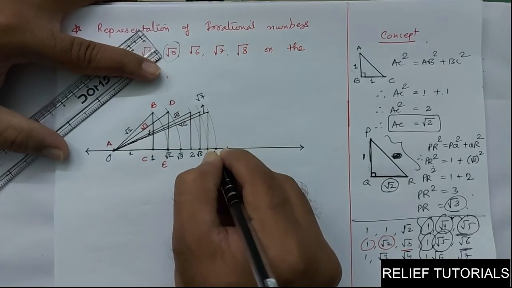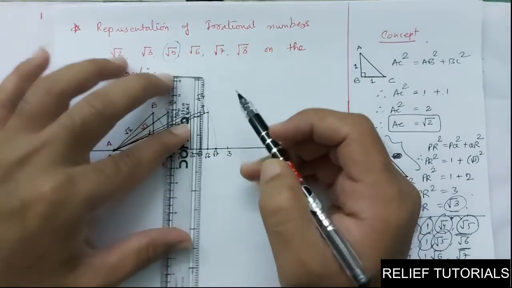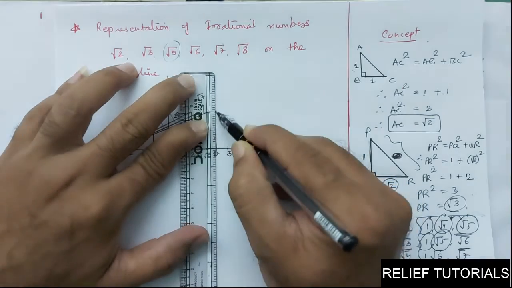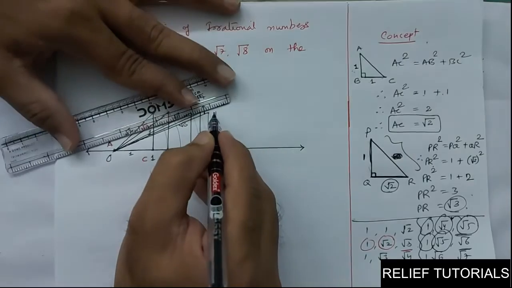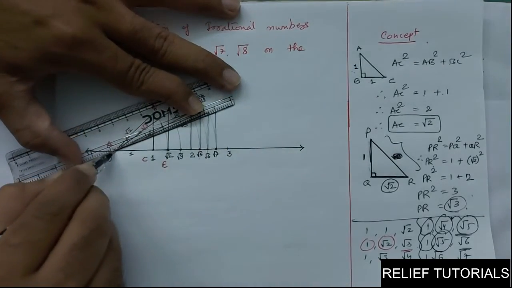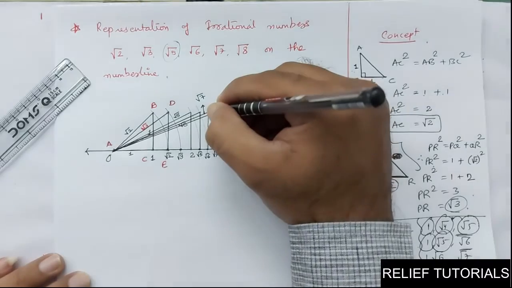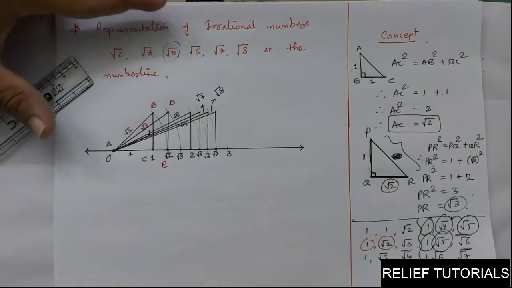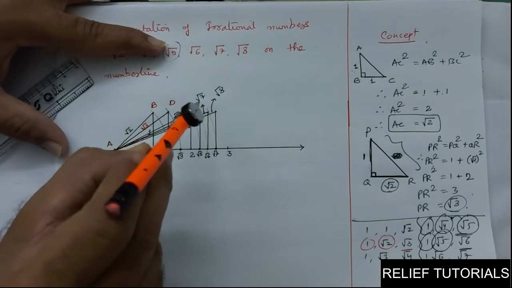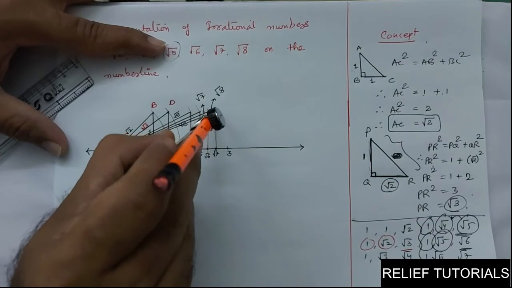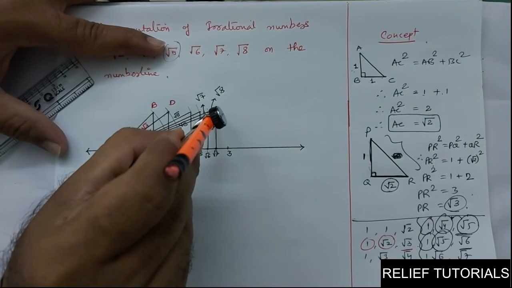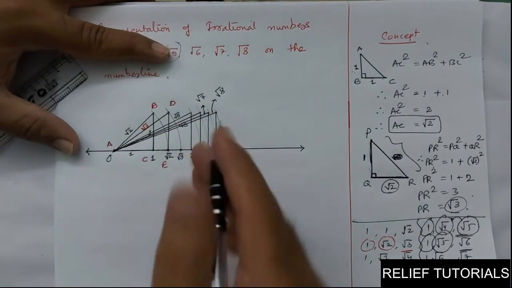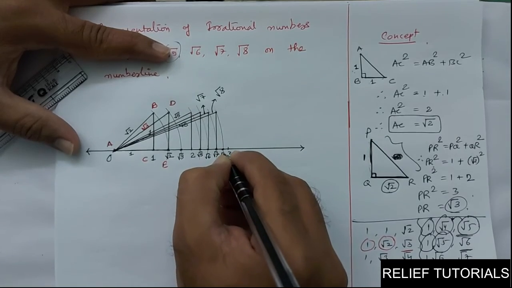Now from root 7, if you draw a perpendicular line here of 1, then this length is root 8. So this hypotenuse length is root 8. And where is root 9? 3 itself is root 9.